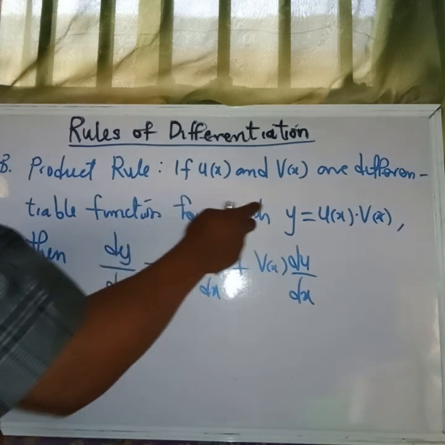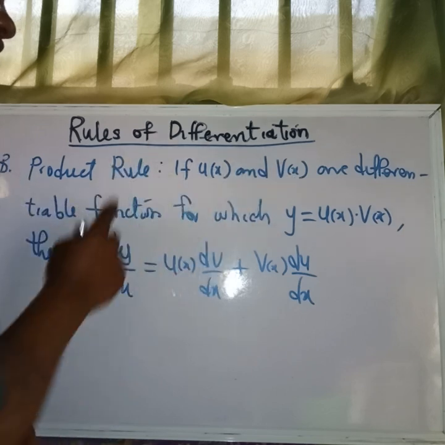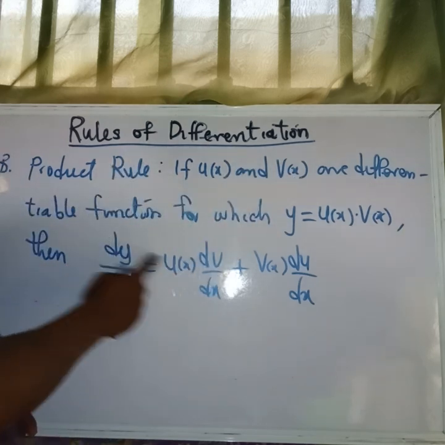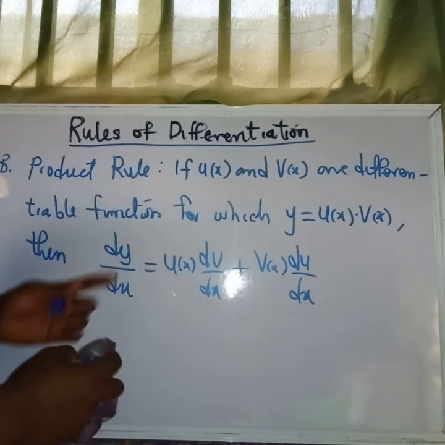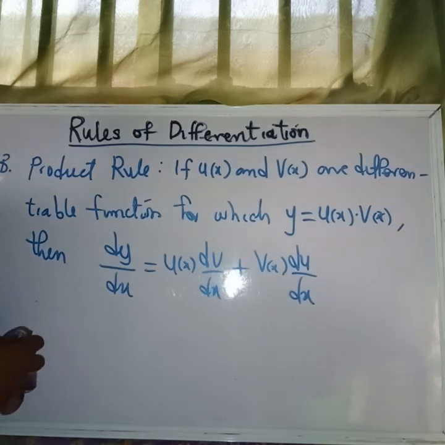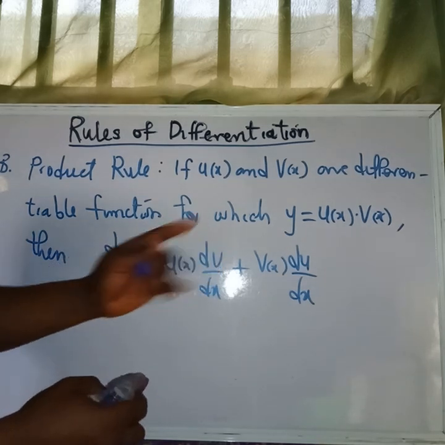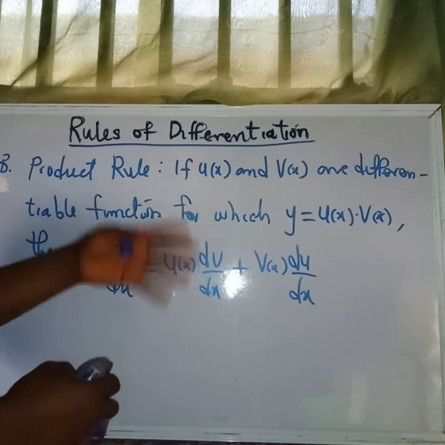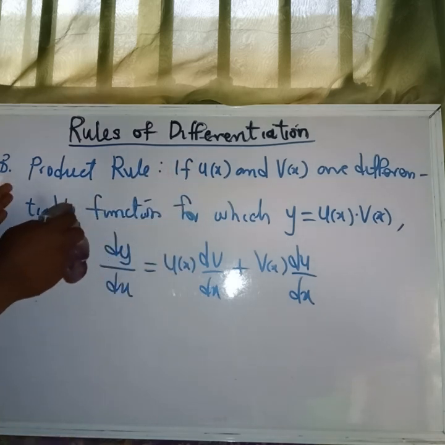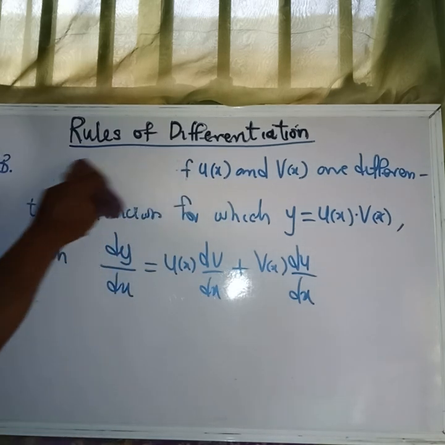Of course, since u of x and v of x are differentiable, the derivative also will be differentiable for the given values of x, except otherwise where the domain will not be the same. So let's see the proof of this. How do we get this?